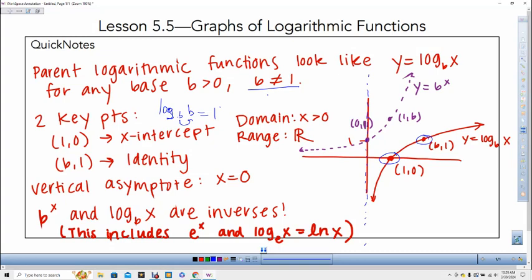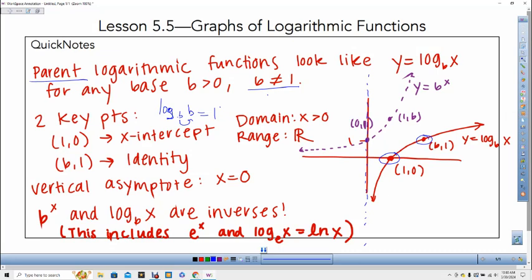Once again, remember, with the parent or the base log function, we can do other things to reflect and all kinds of stuff like that, but the base log is not going to be over in the negative. You're going to be in quadrants 1 and 4. And it's going to approach that vertical asymptote this direction, and it's going to grow off to infinity in this direction.